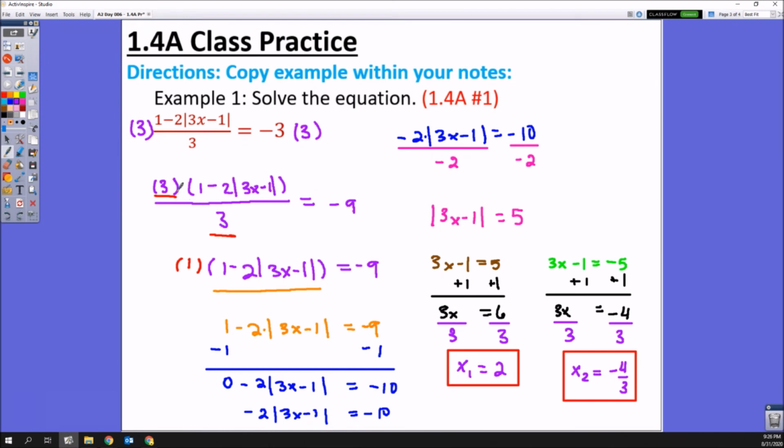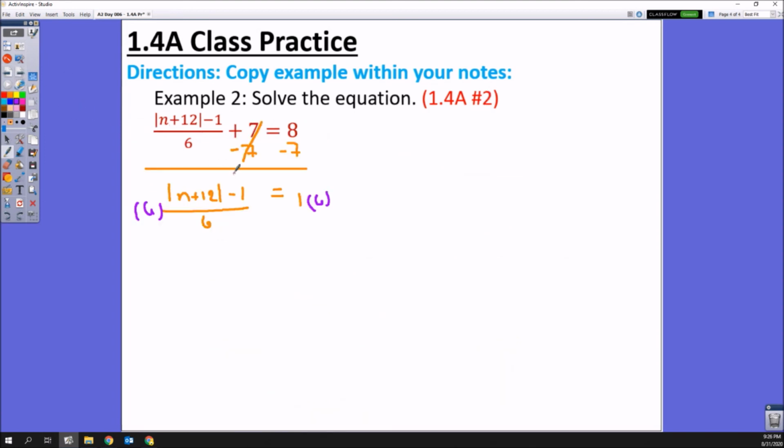So in this current example, I multiply both sides by 6. So this 6 is going to be in the numerator. So that means that 6 divided by 6 will be 1. And since it's 1, I'm just left with the numerator. So the absolute value of n plus 12 minus 1 equals, on the right side, it's 1 times 6, so 6.